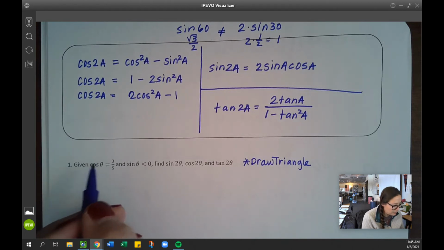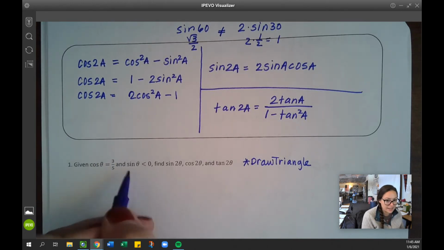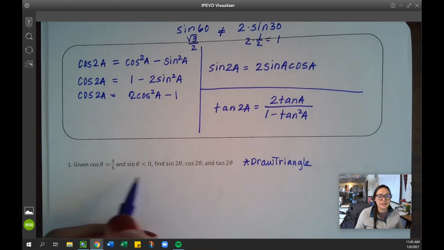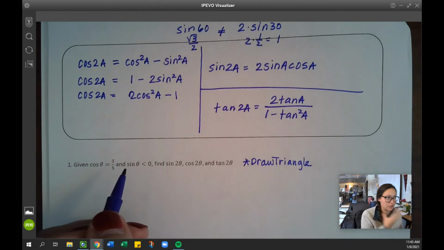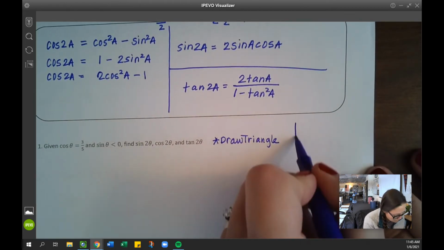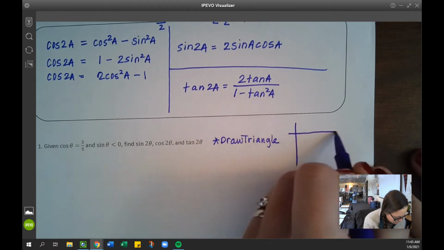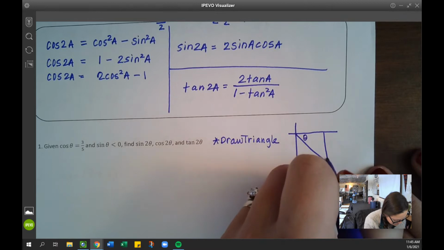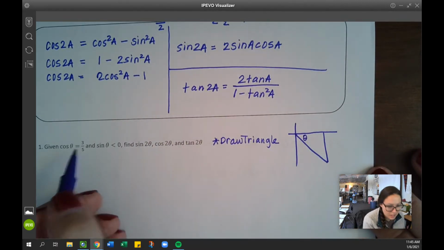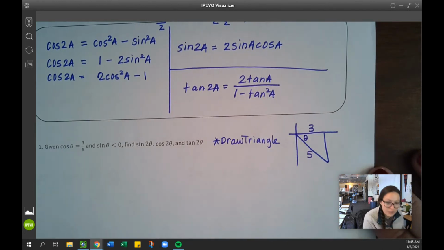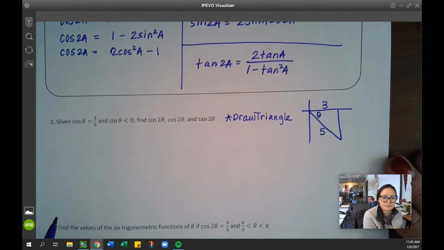So in order to have a positive cosine and a negative sine, that means I have positive x values, negative y values. If you think about your unit circle, that means I'm in quadrant 4. So here's theta. And we know that the cosine is 3/5. So adjacent over hypotenuse.